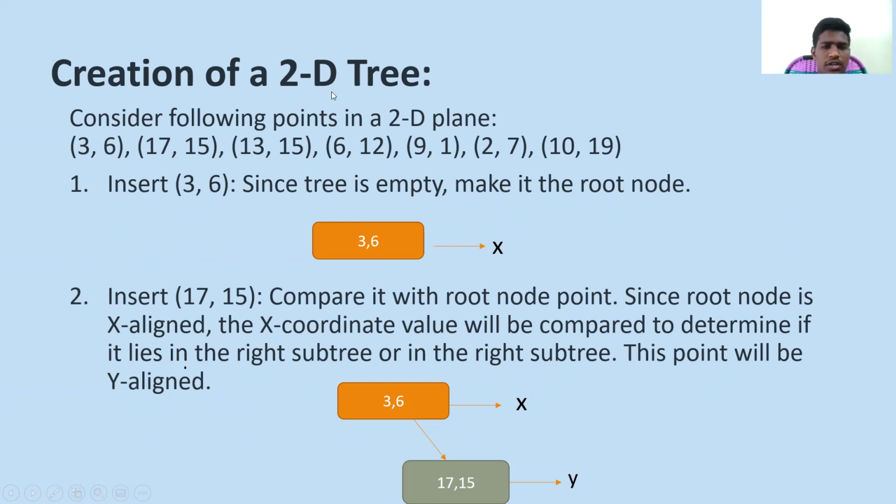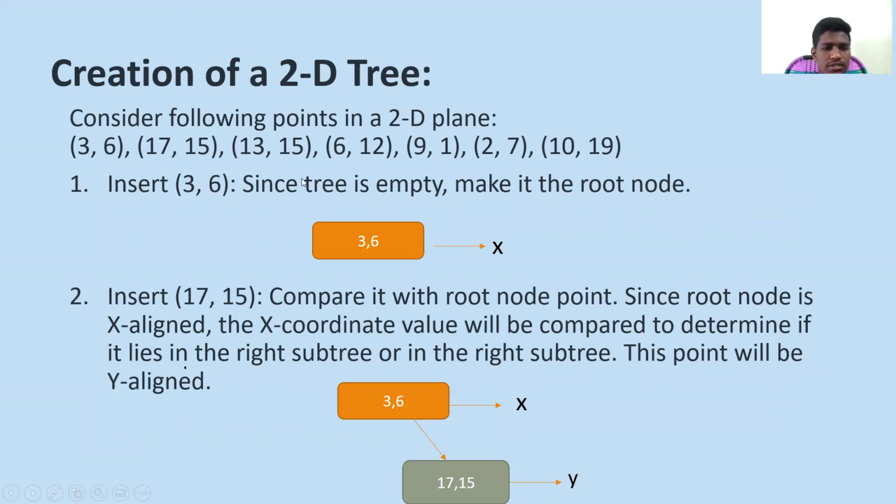Here we will take the creation of a 2D tree as an example to construct a KD tree. Let's see with one example. Here we have considered some points: 3, 6, 17, 15, 13, 15, and so on. Here 3 is the x dimension and 6 is the y dimension, as it is a 2D tree, that means a two-dimensional tree.